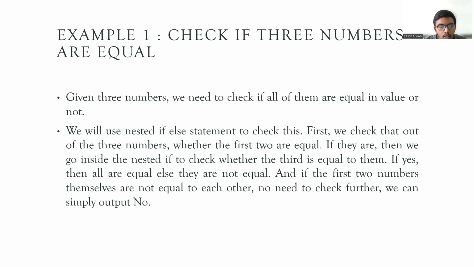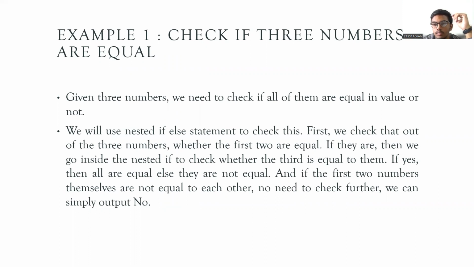First we check whether the first two of the three numbers are equal. If they are, then we go inside the nested if to check whether the third is equal to them.